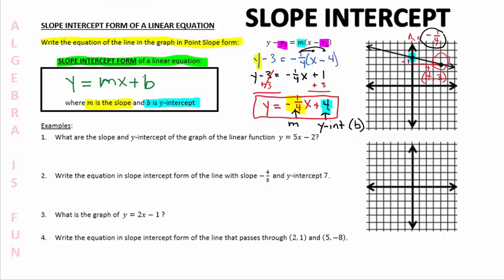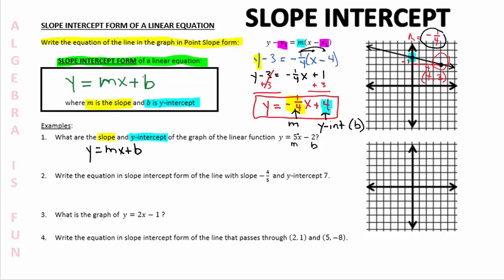Okay, the first example says what are the slope and y-intercept of the graph of the linear function y equals 5x minus 2. So we're trying to find the slope and the y-intercept out of our equation. Remember, if I look at y equals mx plus b, and I look at my equation, there's my mx plus b.